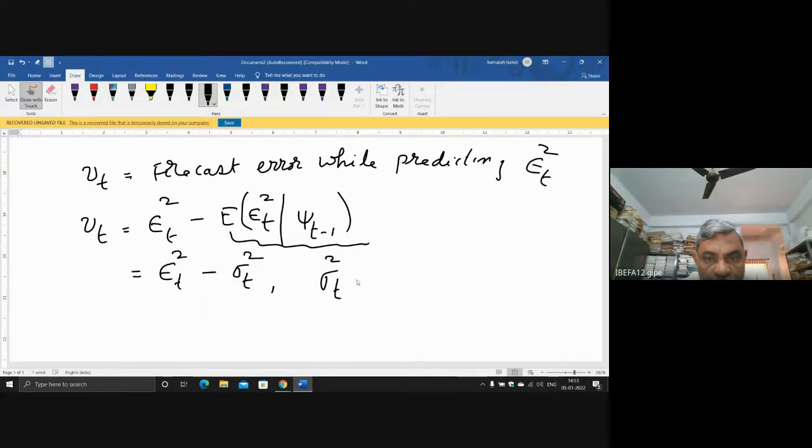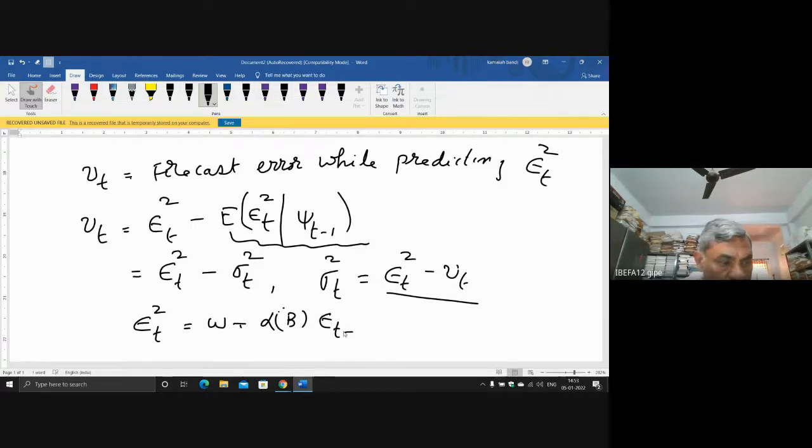Alternatively, sigma square t equals epsilon t square minus Vt. On the left-hand side of the previous equation, you substitute this. And when you rewrite, you get epsilon t square equals omega plus alpha(B) epsilon t minus 1 square plus Vt. You may call this equation 3.